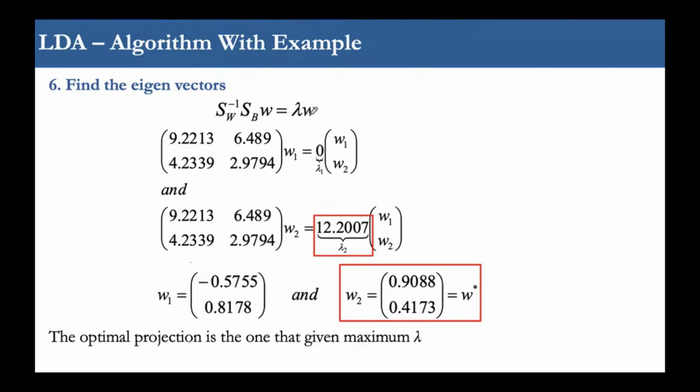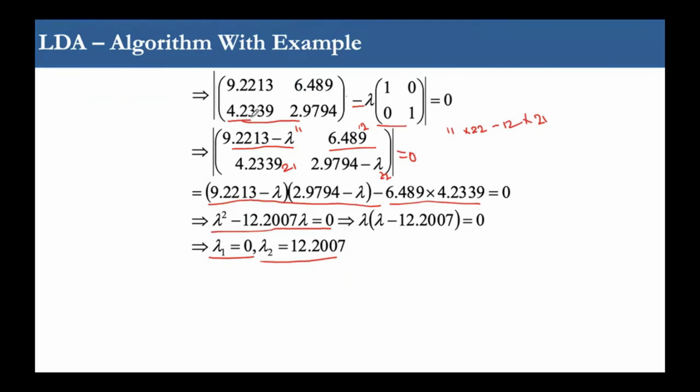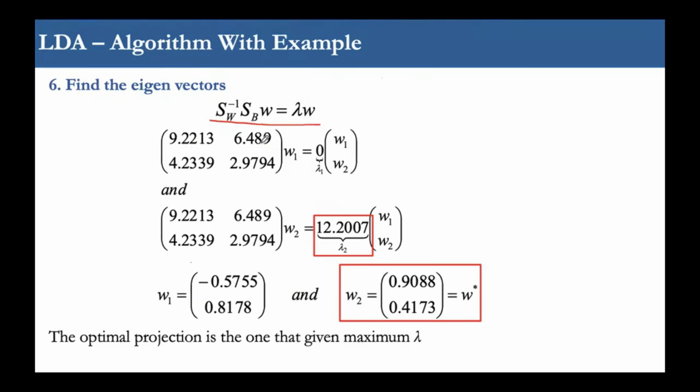We substitute the lambda value in this equation. We have already seen this equation. We have already computed SW inverse into SB, here it is, into W1 equal to 0.